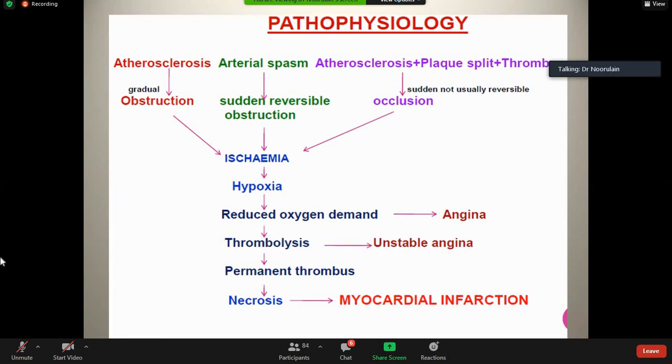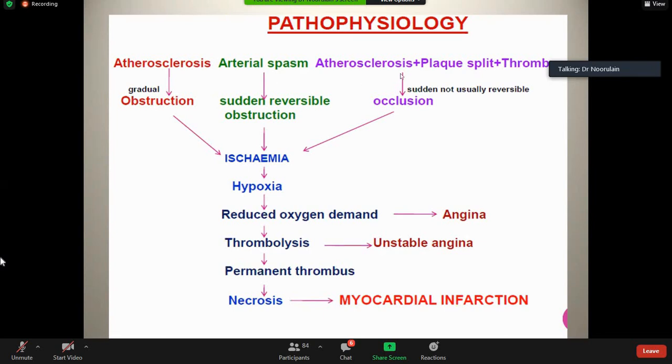Okay, in pathophysiology there are different causes. If there's atherosclerosis, there's a gradual obstruction over many years, in some cases starting from childhood. If there's an arterial spasm, it is a sudden reversible obstruction.